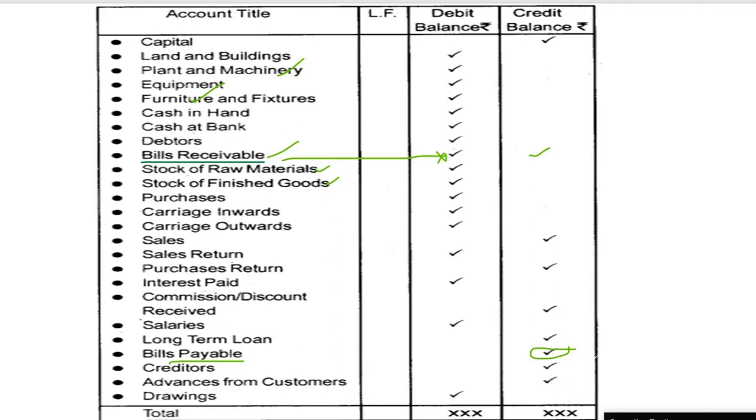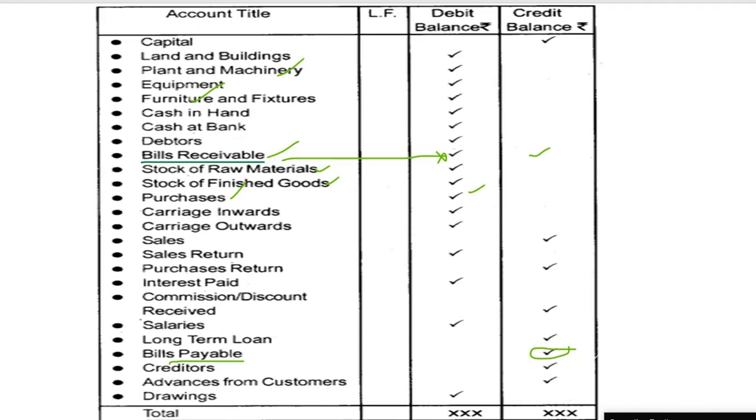So next, purchases. Purchases means we are purchasing the goods which we want, so purchases is also on the debit side. So next, carriage inwards. Carriage inwards, it has another name, sales returns.